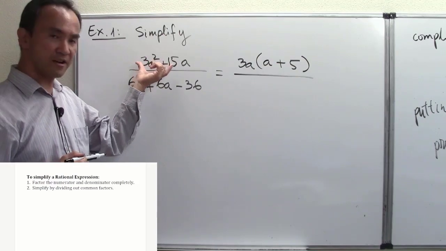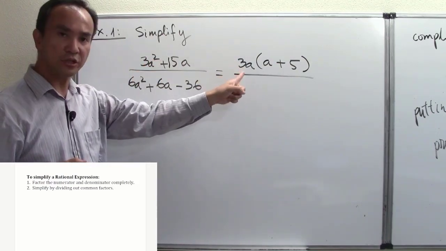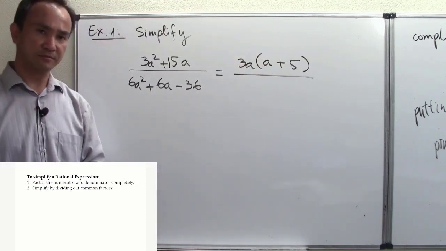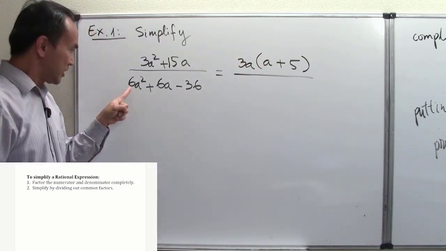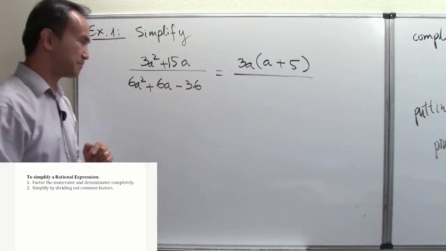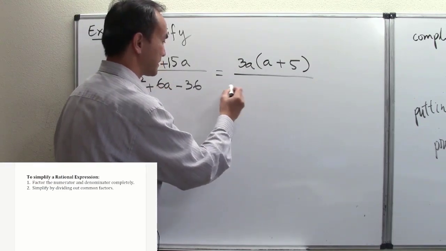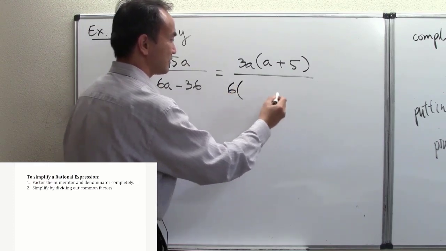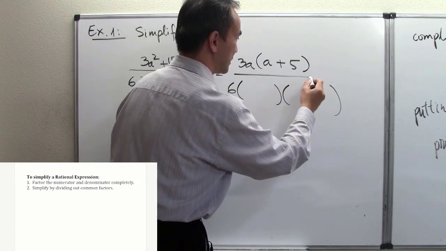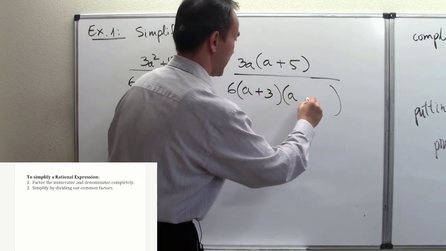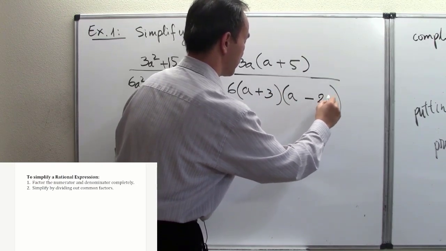So the numerator is factored completely into 3a in product with a plus 5 in parentheses. 6a squared plus 6a minus 36 in the denominator. I can factor that as 6 and two pairs of parentheses is a plus 3 and a minus 2.